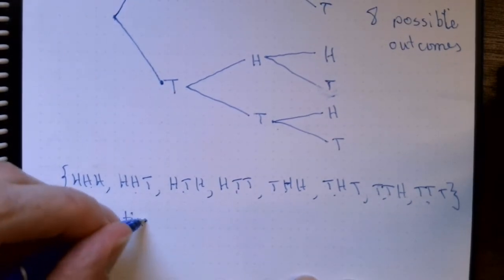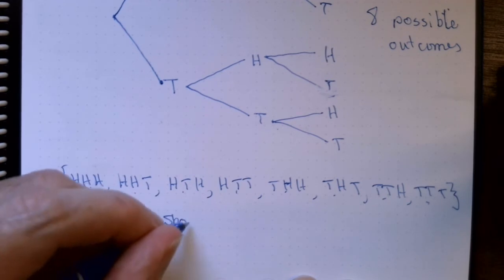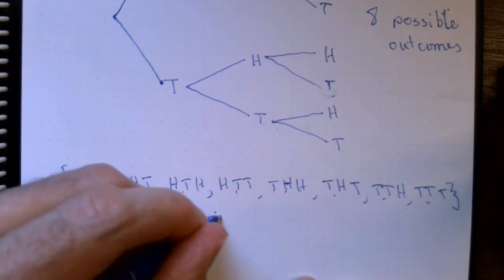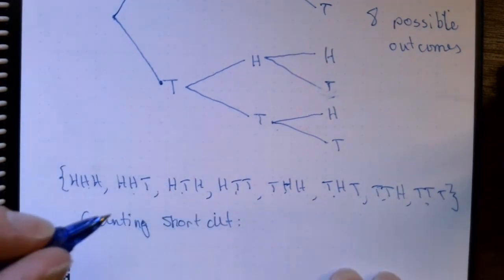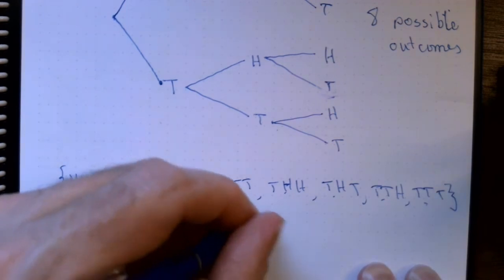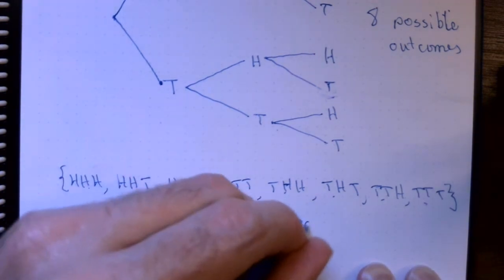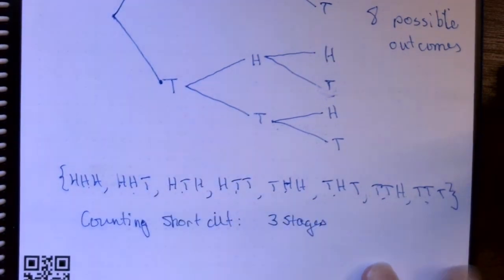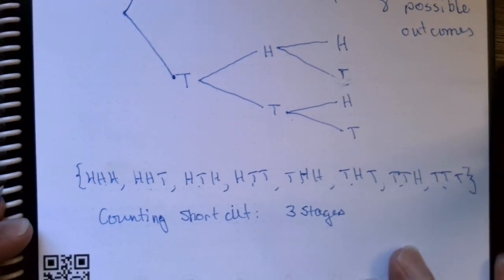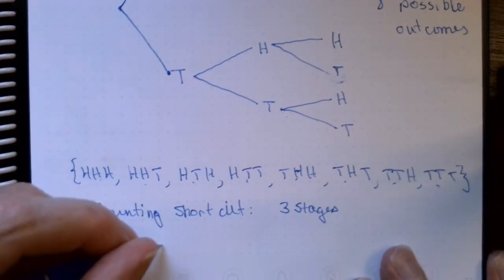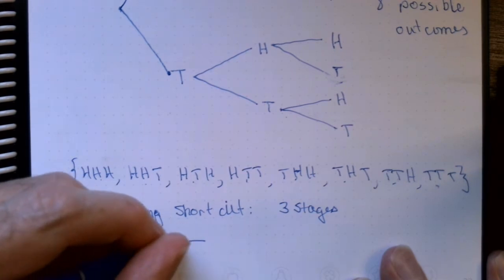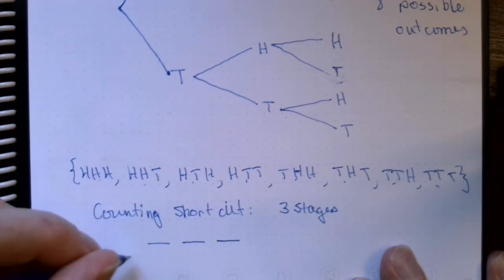Now I'm going to show you a little counting shortcut right here. This experiment has 3 stages. Okay, if we're going to do one run through of this experiment, we got to do 3 things. We have the first toss, we have the second toss, and then we have the third toss.